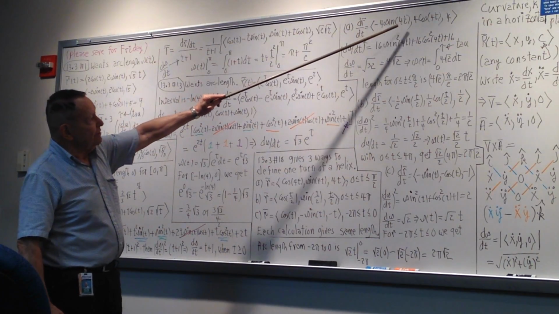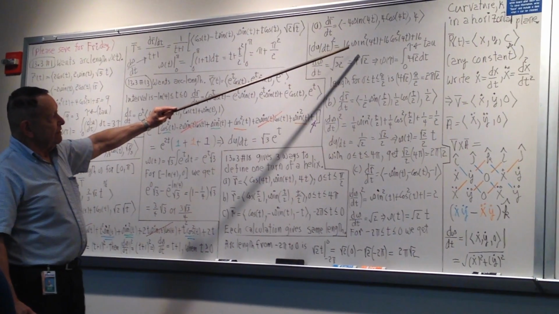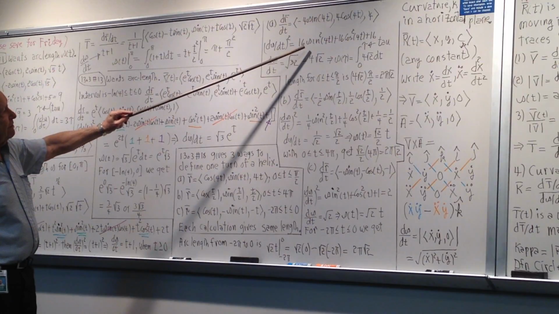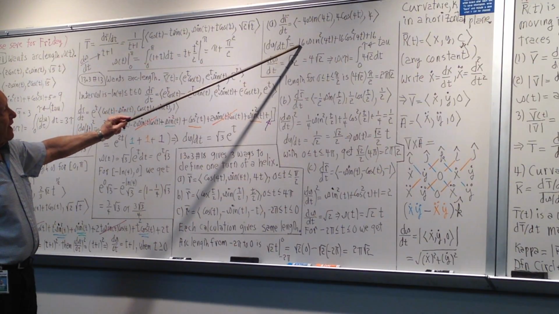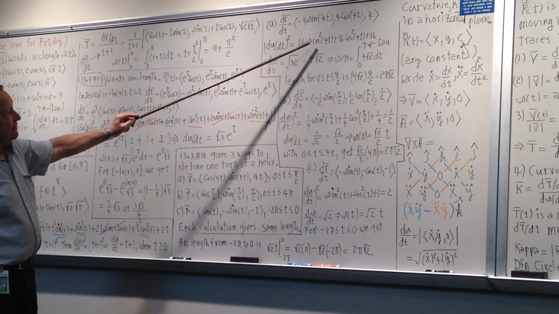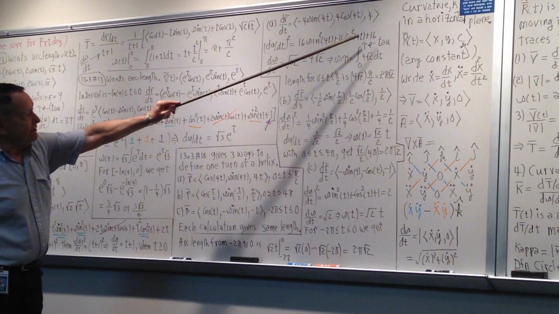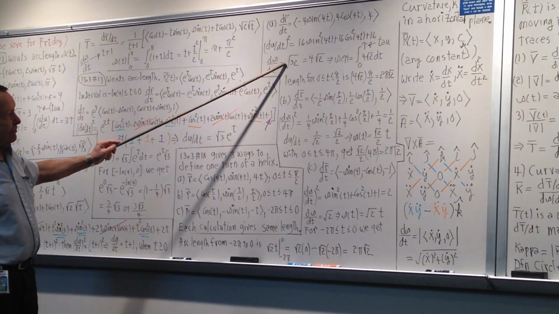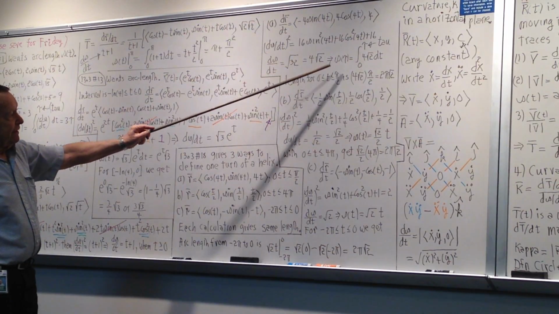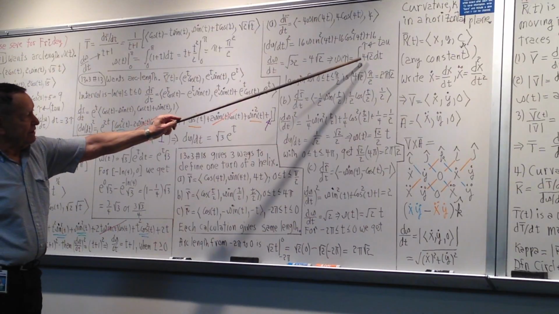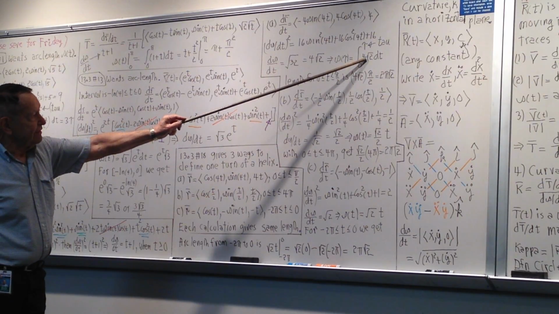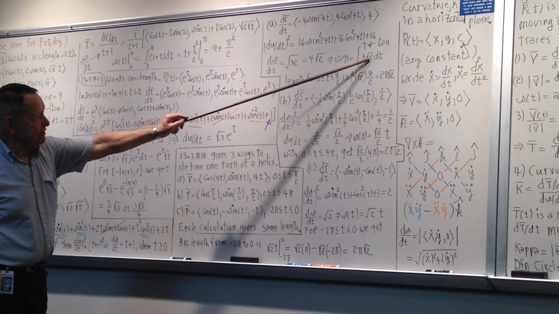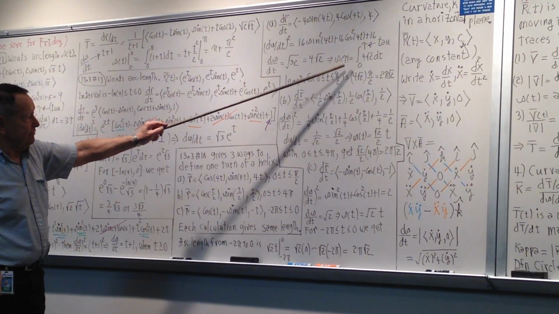First one, do your dr dt, then your speed square. Then you see what you have is a factor of 16. So you have 16 from that and another 16. So your ds dt is square root of 32, and then you're going to integrate that, and that would get you the function 4 root 2 tau as a function of tau.